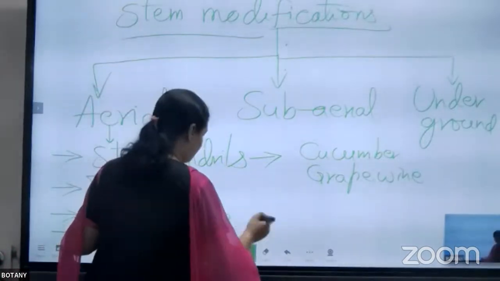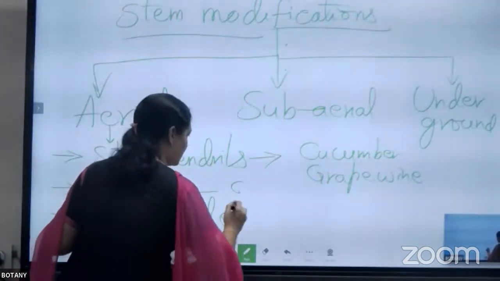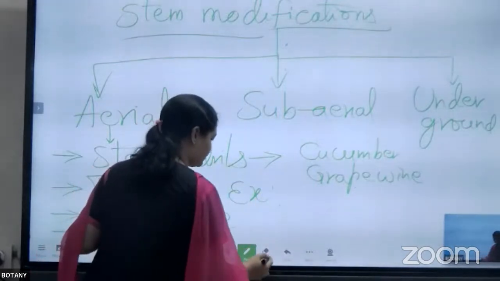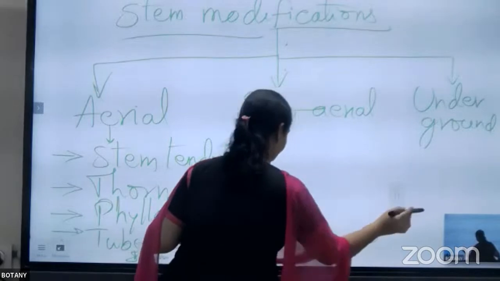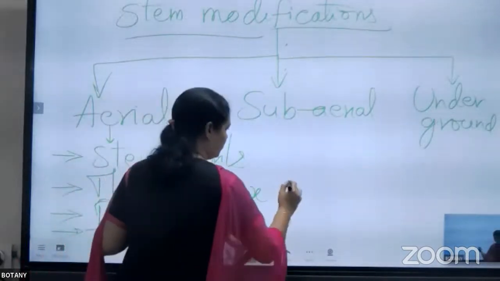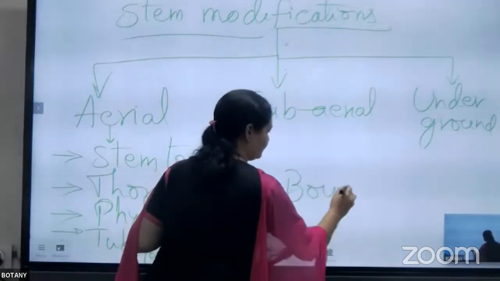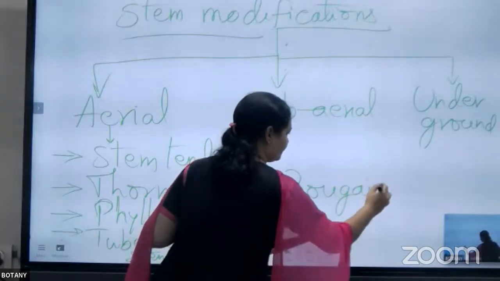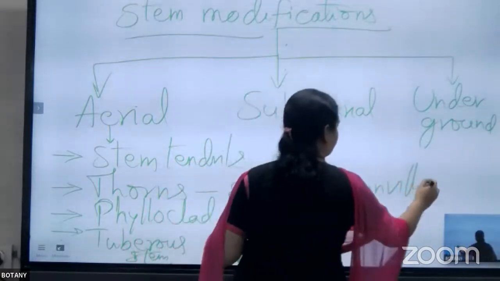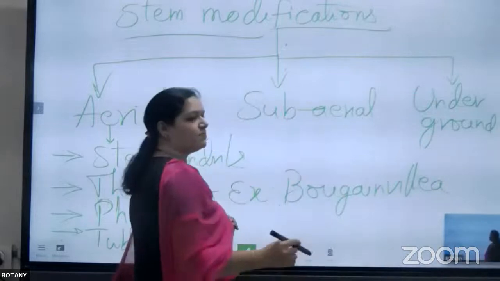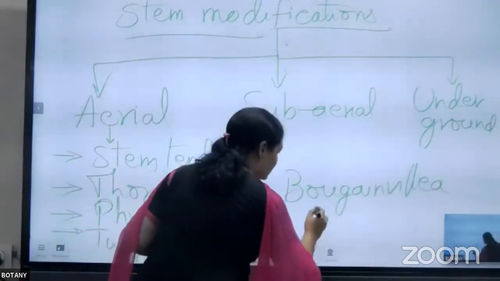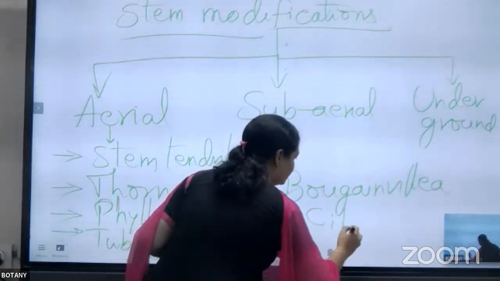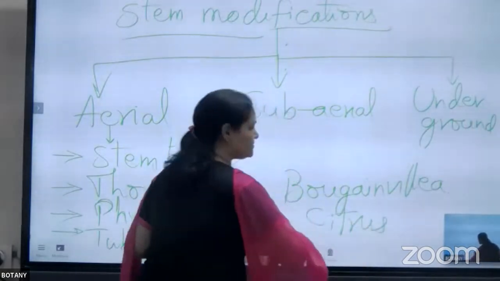In the thorns, what we have to write? The best example for thorns is bougainvillea. Those who are having a problem in remembering this spelling, they can go with another plant name, that is citrus.